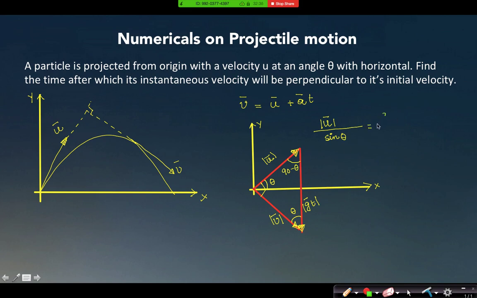Can you tell me what I will divide g t with? g t by sine 90 degrees, which is 1, and mod v divided by cos theta. Now you can see from this one equation directly you can find what t is. So t is equal to u by g sine theta.